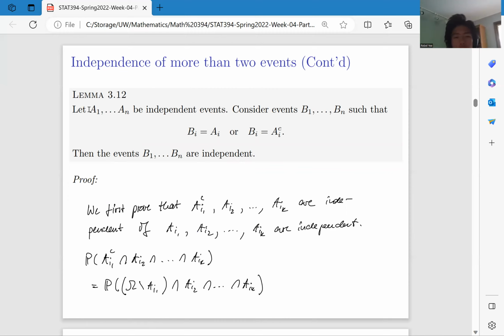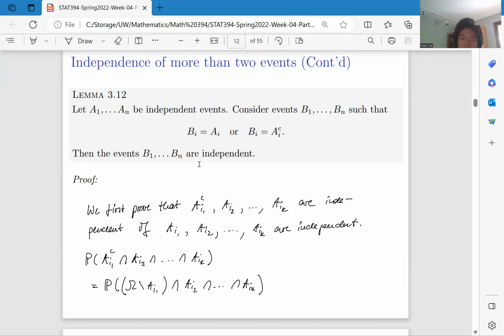Then we can say the events B1, B2 to Bn are independent. This is a very useful theorem in probability, because usually a question asks: we already know a set of events are independent, but what about its complement? The complement is also independent. So if they ask a question about the complement, we can use the property of independent events.